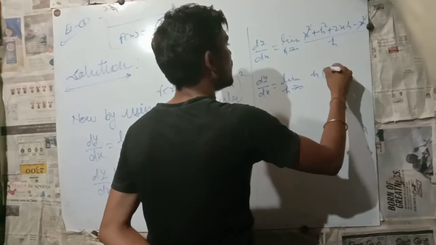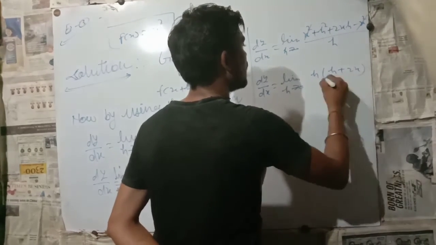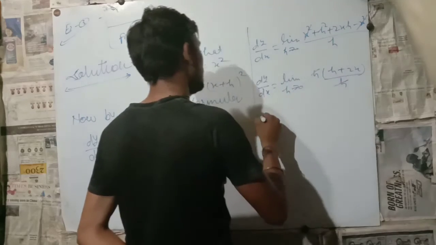Now you can take h common: h plus 2x upon h, h cancels.